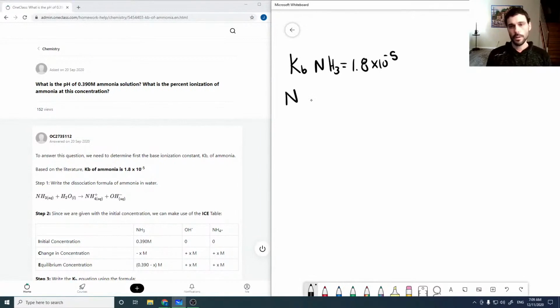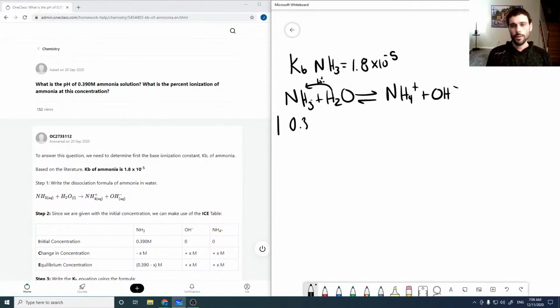Okay, so our ammonia is going to combine with water to give us, so our H plus is going to transfer this way to give us NH4 plus, OH minus. Now we can make our ice table.